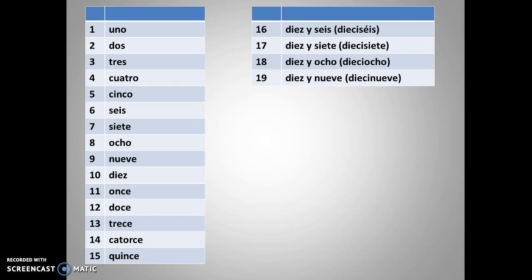So sometimes you'll see it as one word. I'm fine with you using it as three words. Just remember how to spell all of these. So 16 is dieciséis, 17 is diecisiete, 18 is dieciocho, 19 is diecinueve.